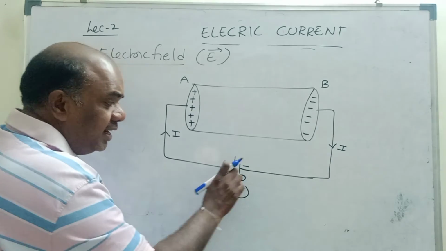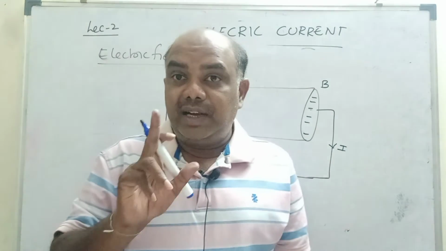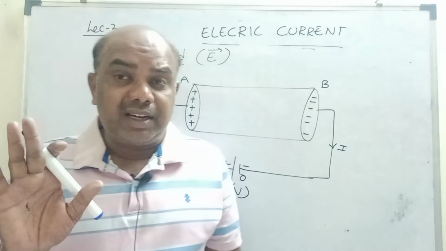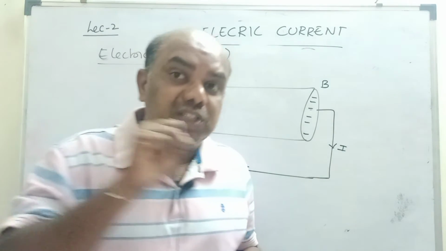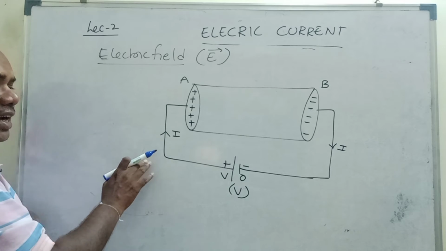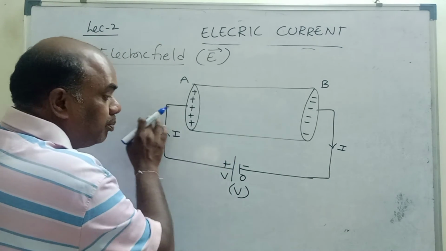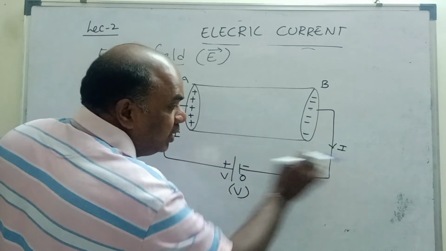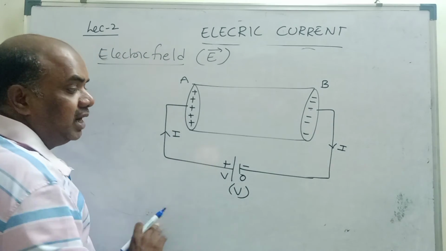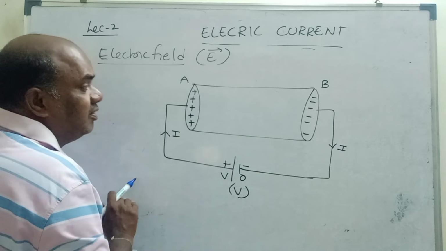The chemical in a battery does not provide electrons. Try to understand, children. Battery never provides electrons. Battery just pushes the electrons present in the wire. This wire consists of so many electrons, 10 power 29 free electrons per cubic meter. These electrons are pushed from the positive terminal to the negative terminal. Only it pushes the electrons. In which direction it pushes we will see.